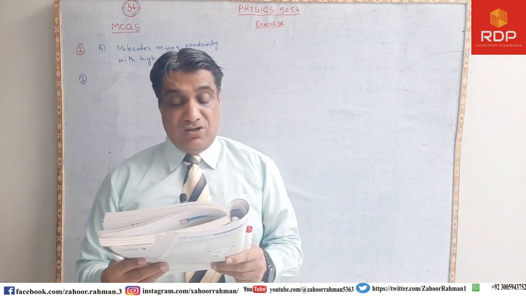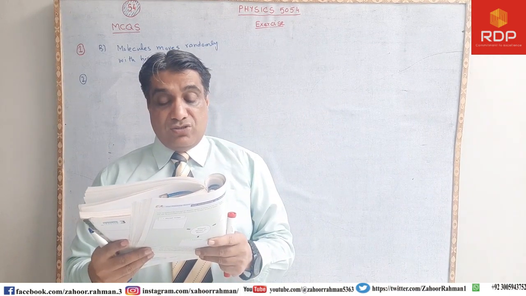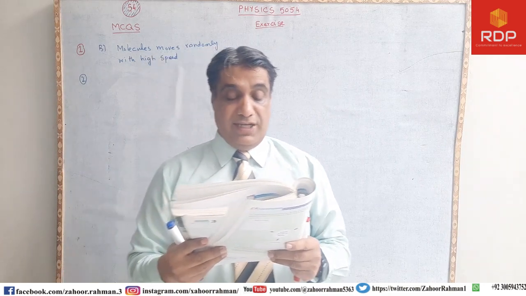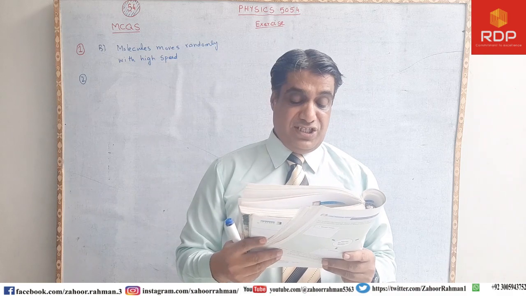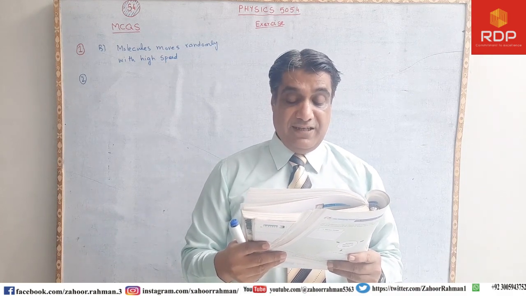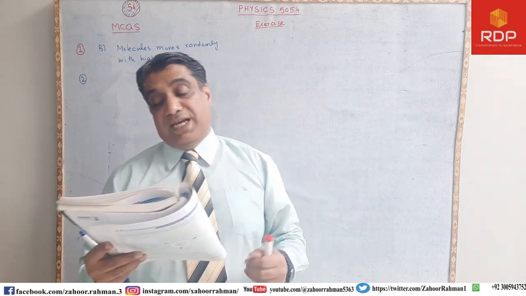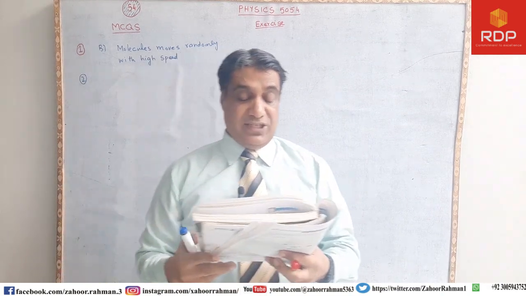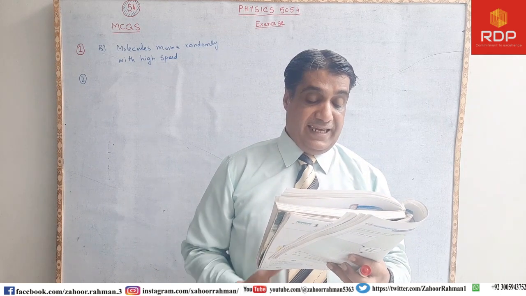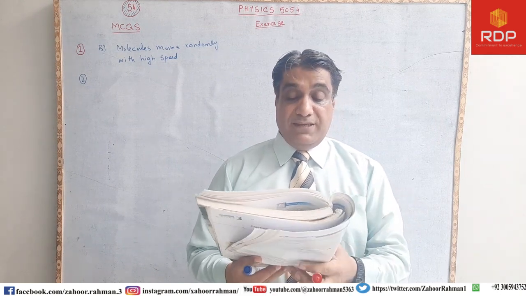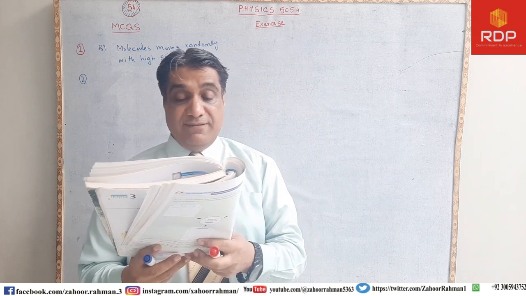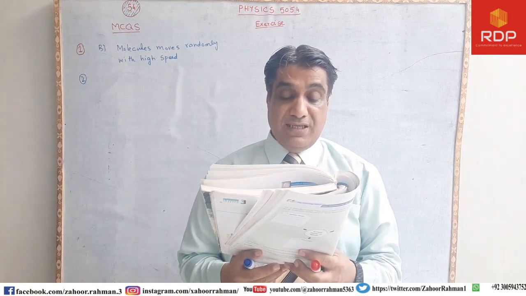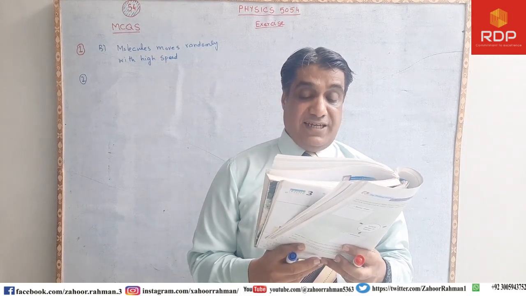Part A: liquid molecules vibrate about their mean position. It is absolutely not correct, so we don't have to see the second column. Gas molecules vibrate randomly. Yes, it is correct, but the first one is not correct, so we cannot say A is correct. Now B: move randomly. Liquid molecules don't move randomly, so B, first column, is not correct.